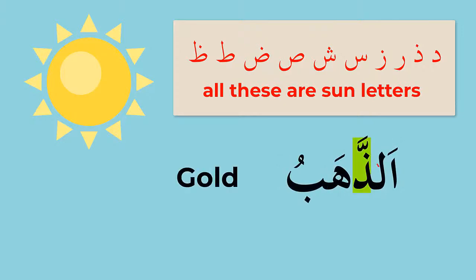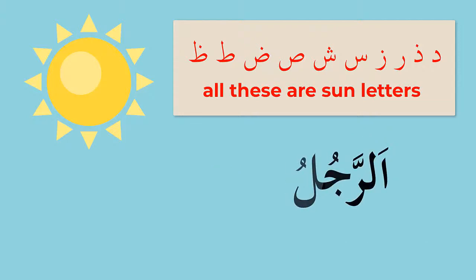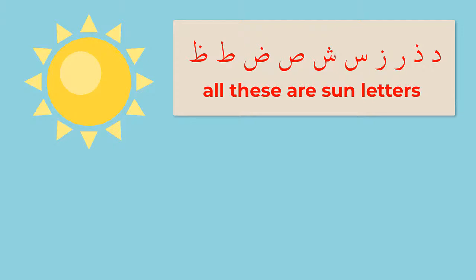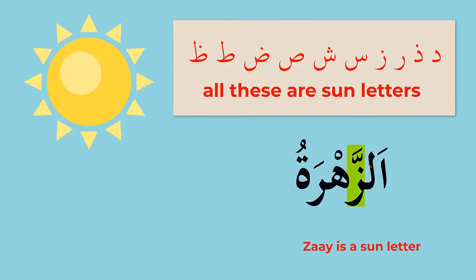Next one, brother. Az-zahabu. Gold. And then, brother, ar-rajulu. The man. Not al-rajulu. It will be wrong to say al-rajulu. It will be ar-rajulu. We won't pronounce lam. Why? Because it is a sun letter. And then, brother, az-zahratu. The flower. My daughter's name is Zahra. Same.